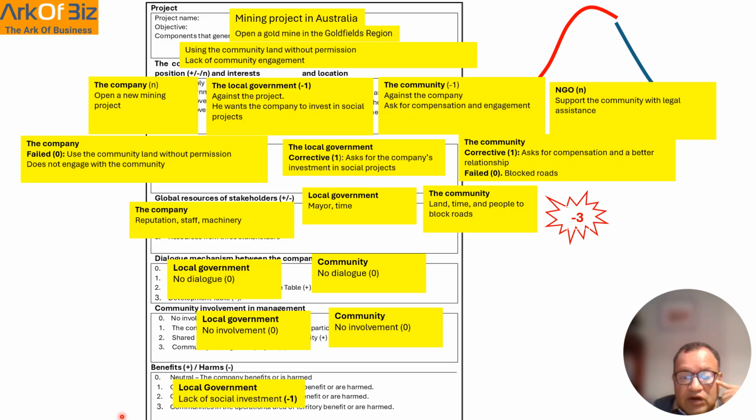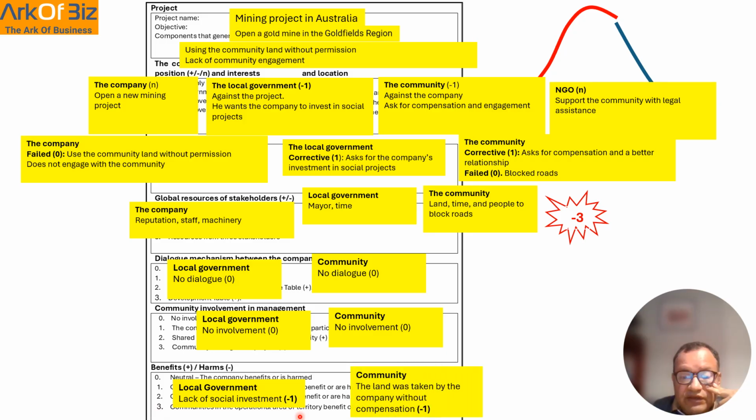Let's say the government. For example, the local government is usually inside the area of influence. That's why we have one here. They are not receiving private investment for social projects. So the local government is not receiving private investment, and they are not using the public investment for social projects.